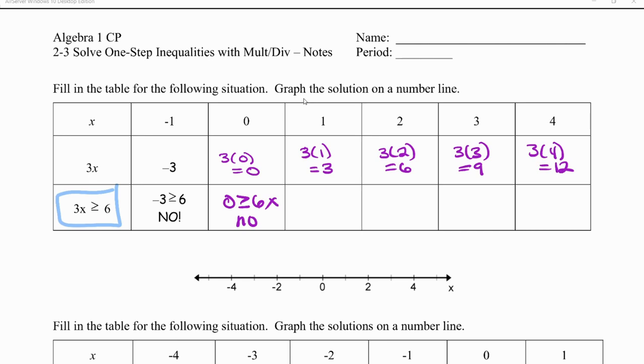So now we're going to check to see, is 3 greater than or equal to 6? Is 6 greater than or equal to 6? Is 9 greater than or equal to 6? And is 12 greater than or equal to 6?